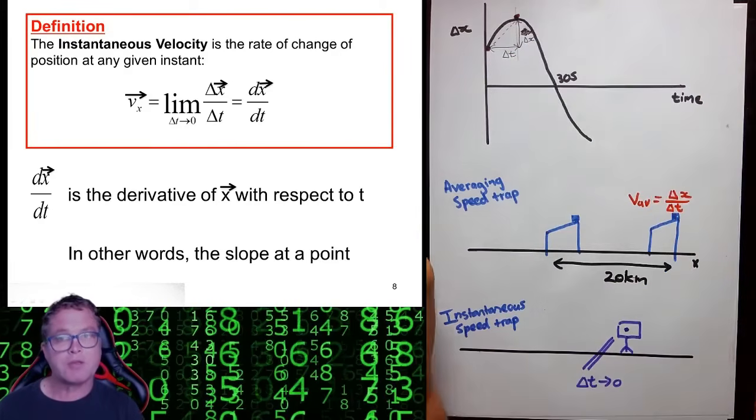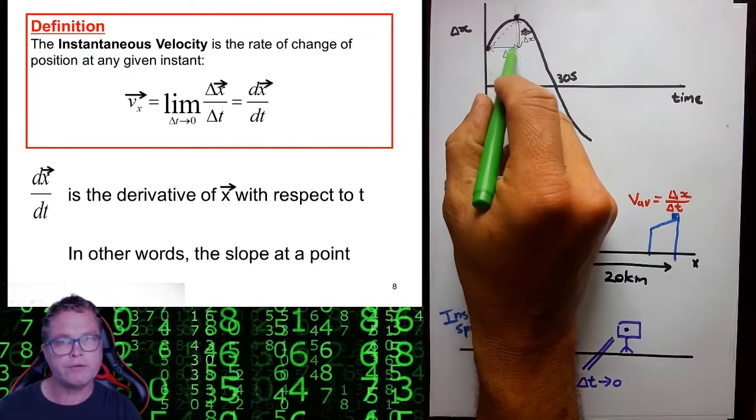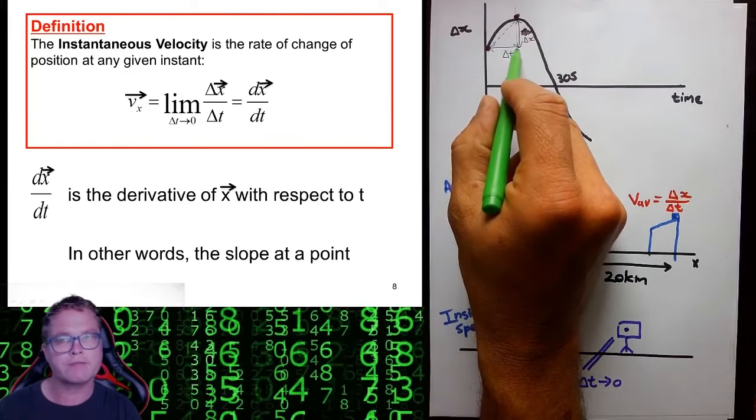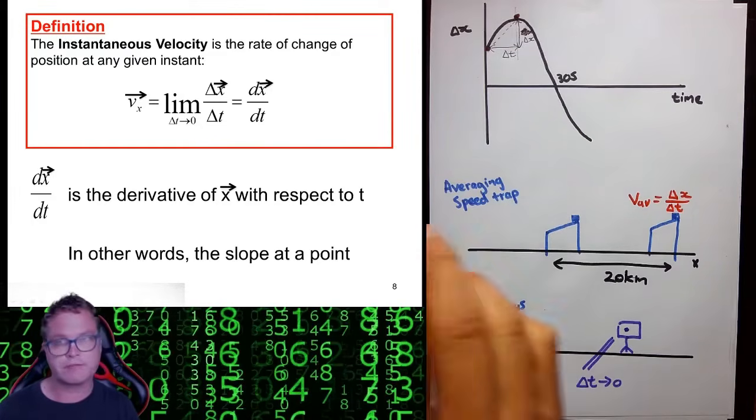But now, when we're interested in the instantaneous velocity, what we really are interested in is a given instant, that is to say, a given moment in time. So for instantaneous velocity, we don't want to be working over a very long period of time, delta t. We want this period of time to be an instant. We want it to be a very short period of time.